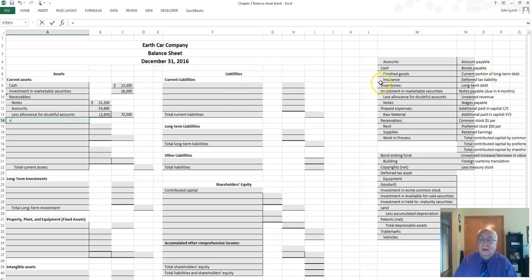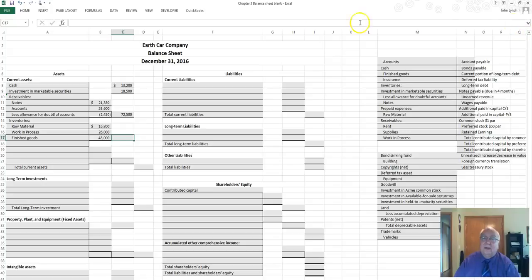Then we'll have inventories next, and this is for a manufacturing firm. So we have three types of inventory. You have raw materials, you have work in process, and you have finished goods inventory. The raw materials inventory we're going to make as 16,800, 26,000, and 43,000.